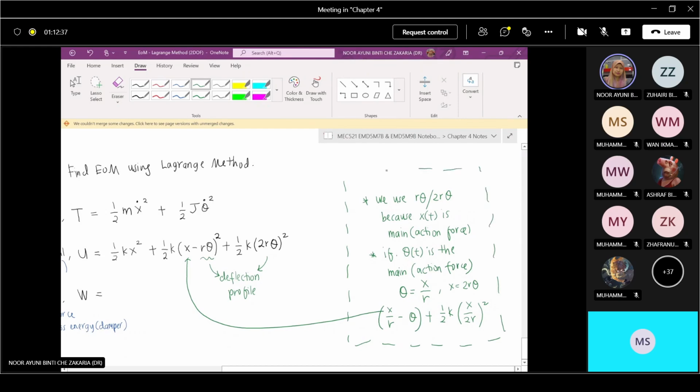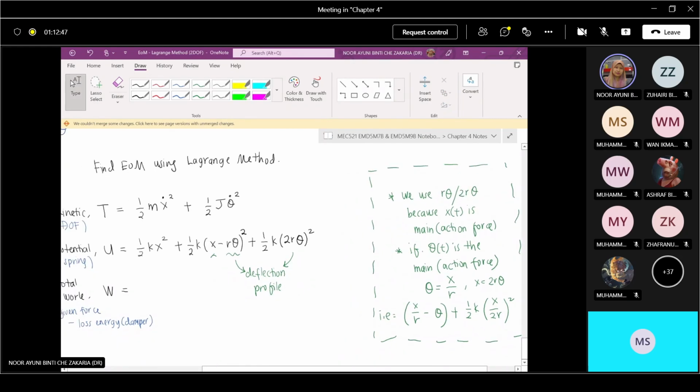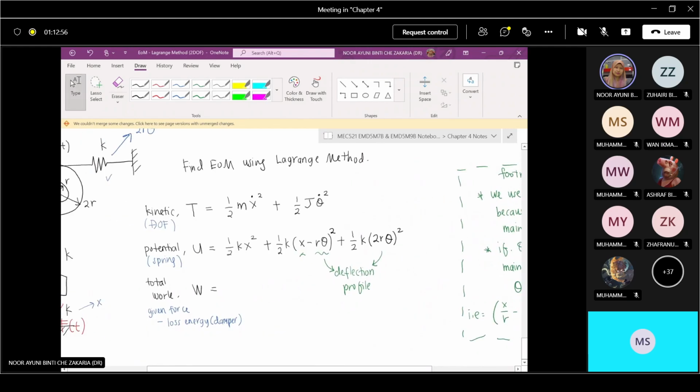Kalau theta adalah yang terakhir lah. Example. Don't confuse, this is just footnote. Okay, moving further.